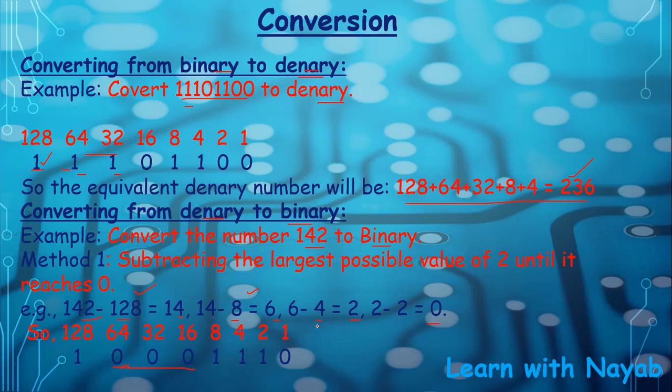We used 4, so we put 1 beneath it, and we also used 2, so we put 1 beneath it. So the binary number will be 1 0 0 0 1 1 1 0.